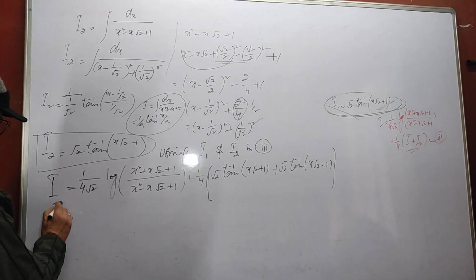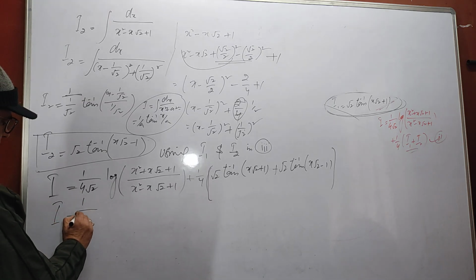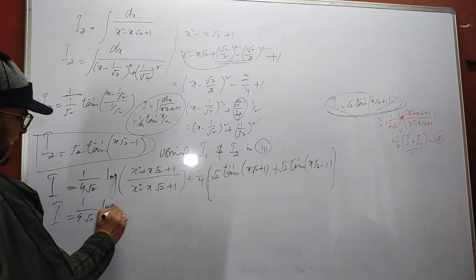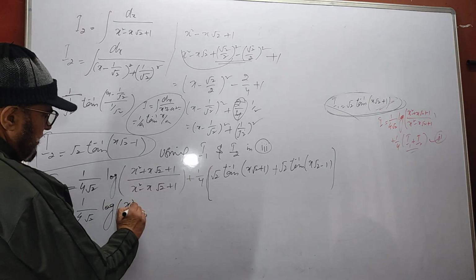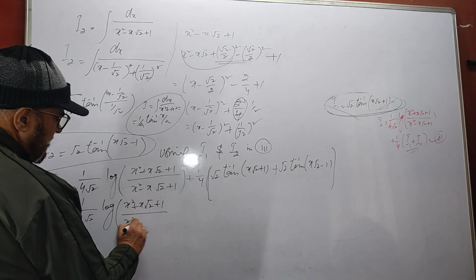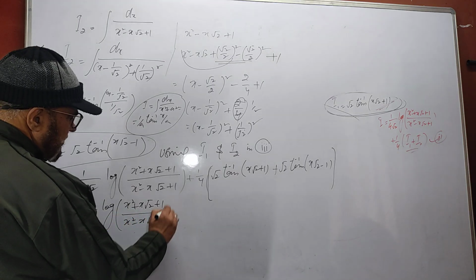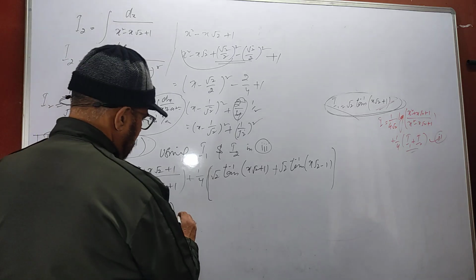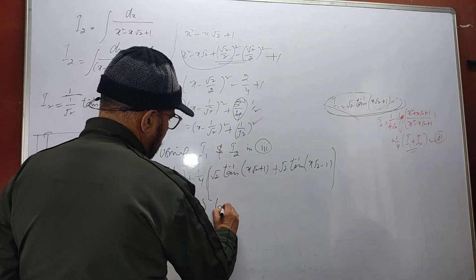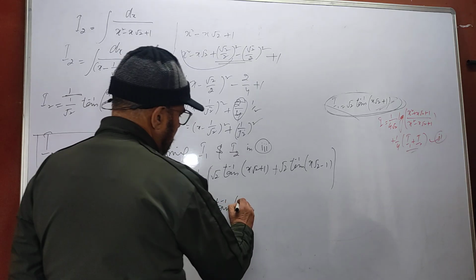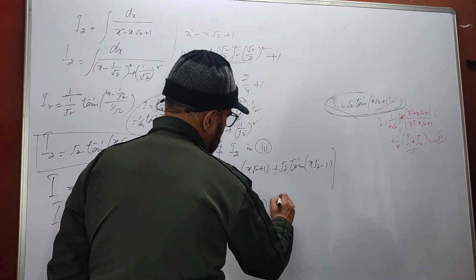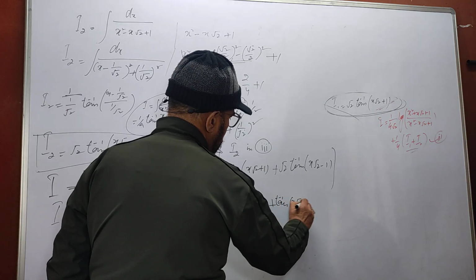This is I is equal to 1 by 4 root 2 log of x square plus x root 2 plus 1 by x square minus x root 2 plus 1. Take root 2 out. This is plus root 2 by 4. Then this will be tan inverse x root 2 plus 1 plus tan inverse x root 2 minus 1.